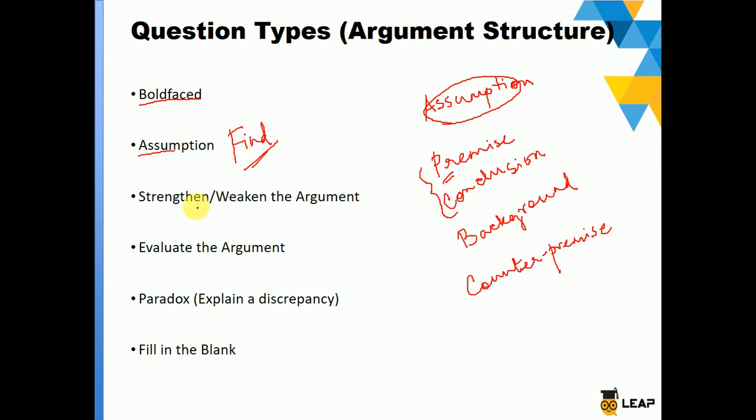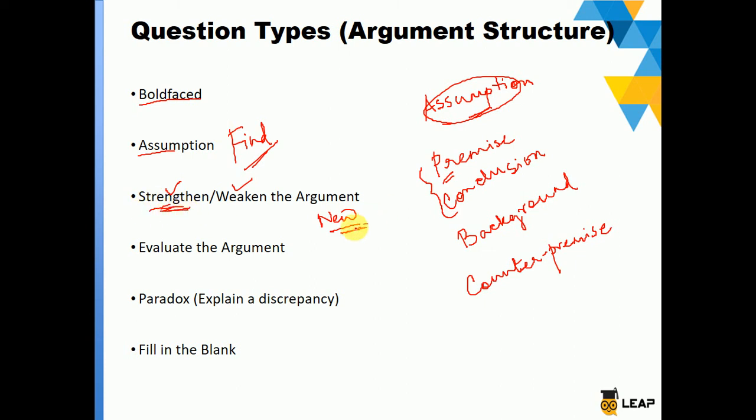Strengthen or weaken the argument is another question type that also deals a little bit with the assumption. Basically, this is a type of question that asks you to find a new piece of information that will either strengthen or weaken the argument. Now, these are 2 separate varieties, but the reason I've put them together is because you need to understand them together. When the new piece of information that is introduced, which is usually in the form of a multiple choice option, strengthens the argument, that is when it is a strengthen the argument question.